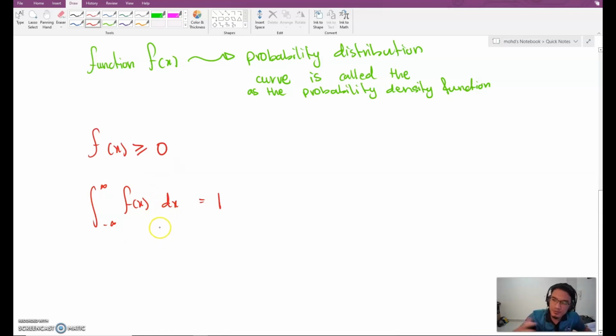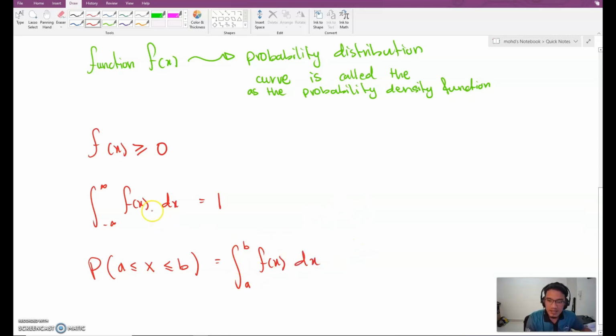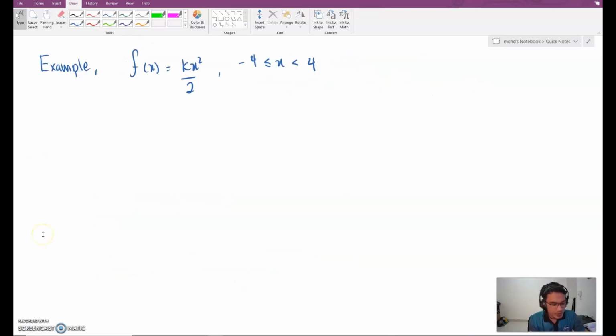Third, the probability of A less than or equal to X less than or equal to B is equal to the integral from A to B of the function f(x) dx. These are the three characteristics of a probability density function. Now let's look at an example.